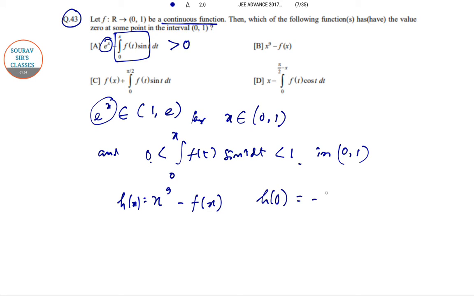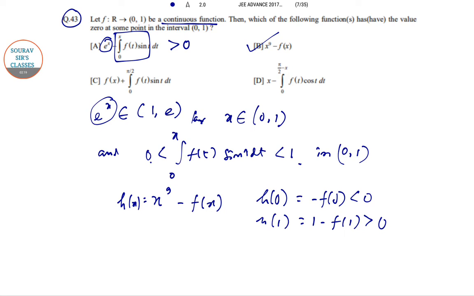What is h(0)? It is minus f(0), and that is negative. What is h(1)? 1 minus f(1), that is positive. This is the structure, so this one is a possibility.